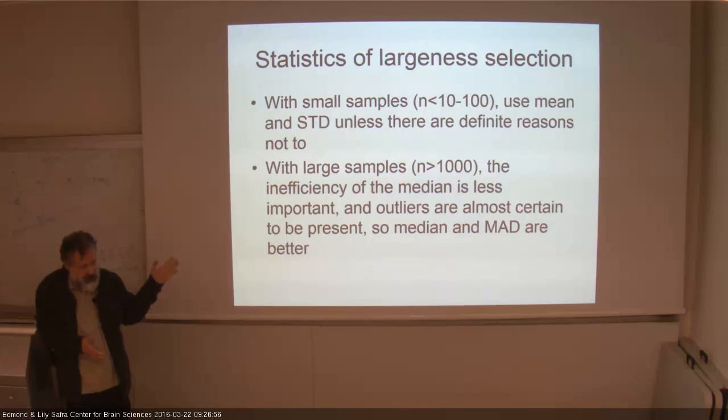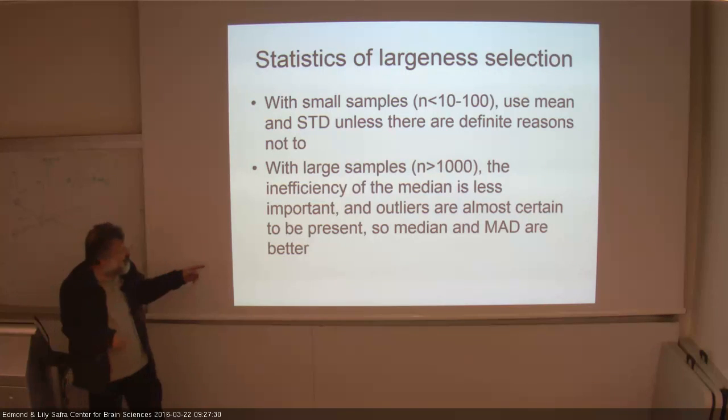With small samples, you know each point individually, so if there are outliers, you first have to figure out why they are there, and if they are really there, you can decide to summarize the data with the median rather than the mean, and make an informed choice. But unless you have good reason, use the mean.